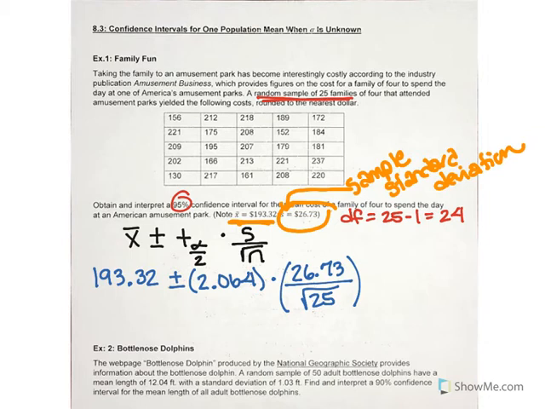That would give us 5.346 that you're going to multiply by 2.064 to get your margin of error.